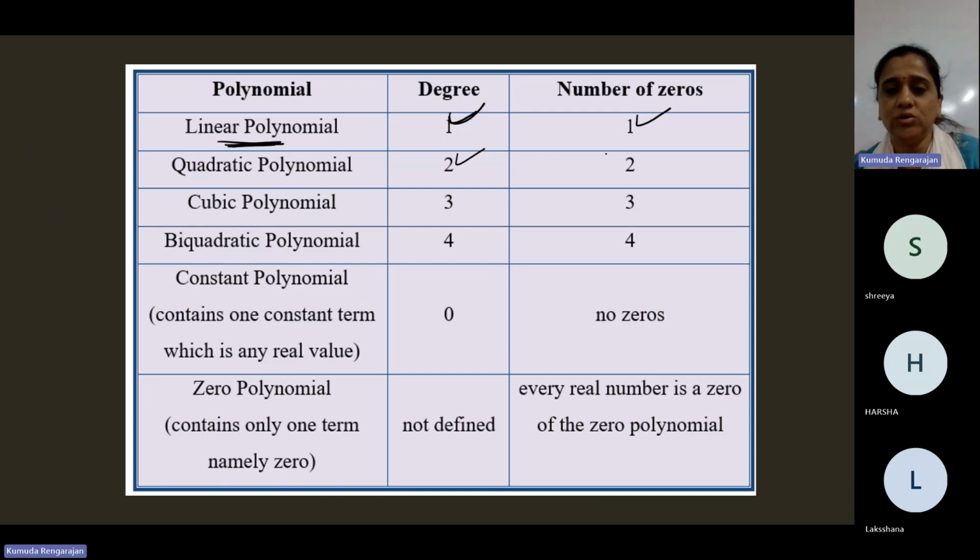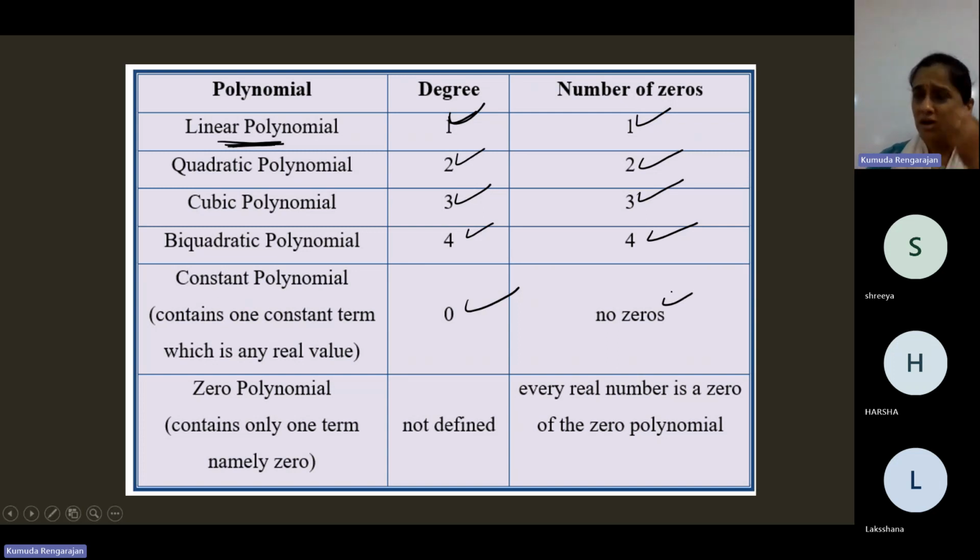Quadratic polynomial, degree 2, number of zeros 2. Cubic polynomial, degree 3, number of zeros 3. Biquadratic polynomial, degree 4, number of zeros 4. Constant polynomial, degree 0, no zeros, because it is a fixed value that cannot become 0. Zero polynomial, degree is not defined. Number of zeros, every real number is a zero of the zero polynomial.